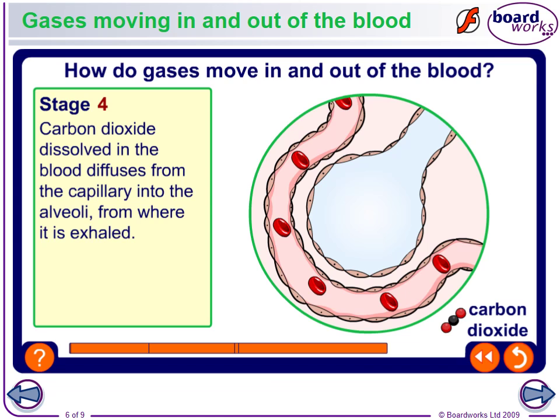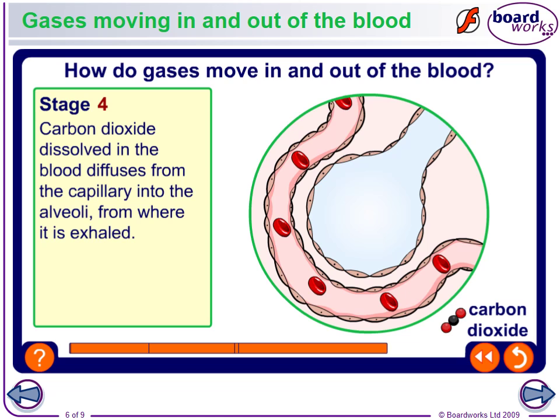Then the body will produce carbon dioxide, which is transported in the blood plasma. Remember, it's a liquid. It carries a bunch of different things. And this process, though, causes the concentration of the carbon dioxide to rise and become greater than in the lung. So you've got these opposite reactions going.